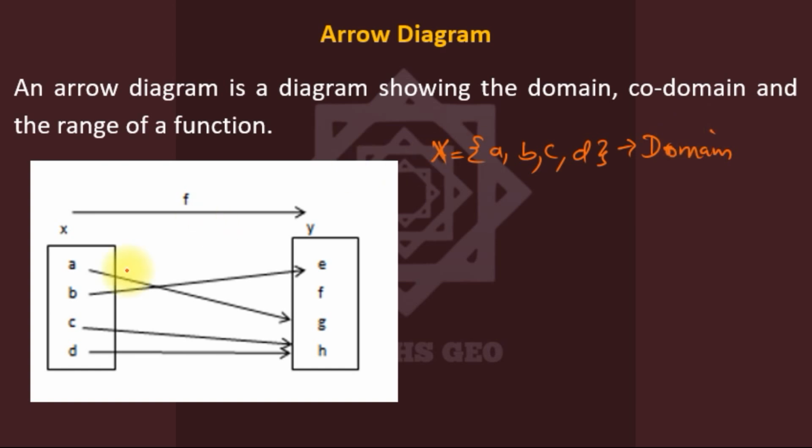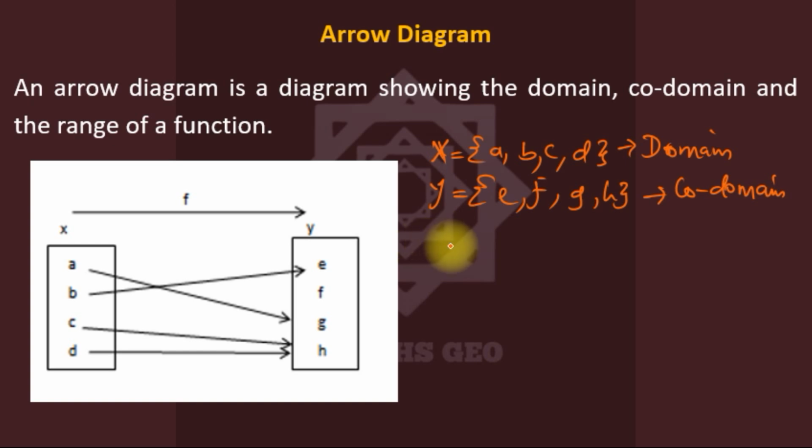And remember, this is a function, yes, because each of these elements is assigned to an element in set Y. The elements are E, F, G, and H. So this set is called the codomain. That set that the elements in set A are assigned to is called the codomain.